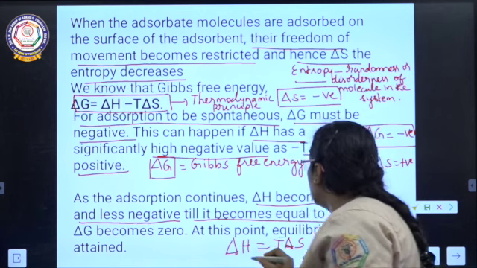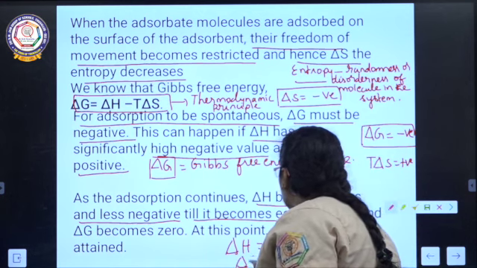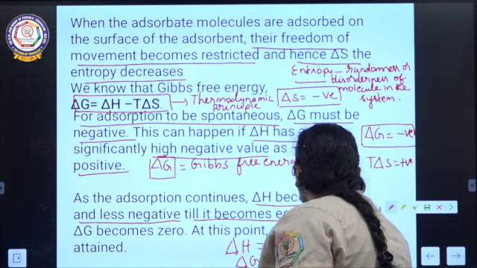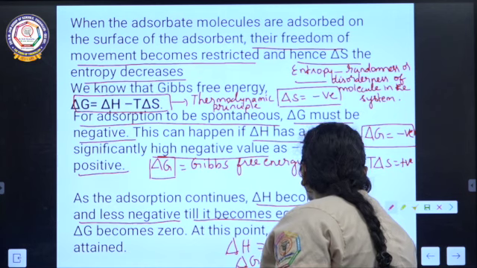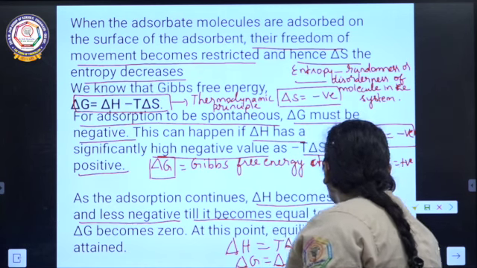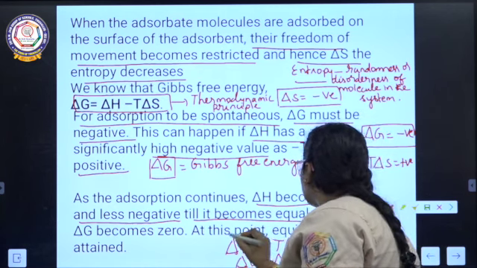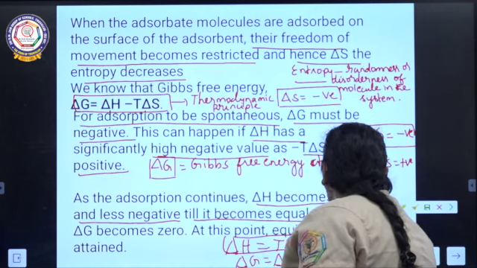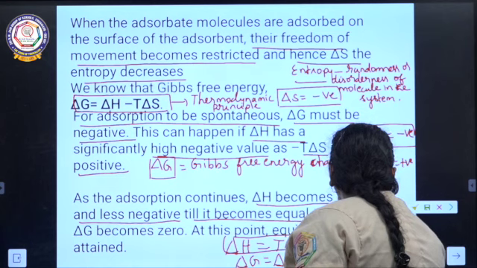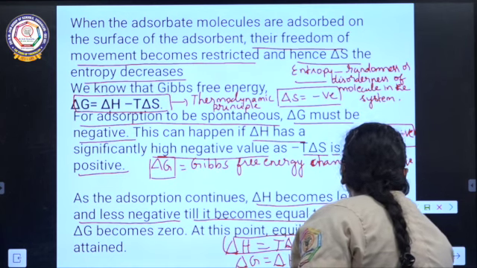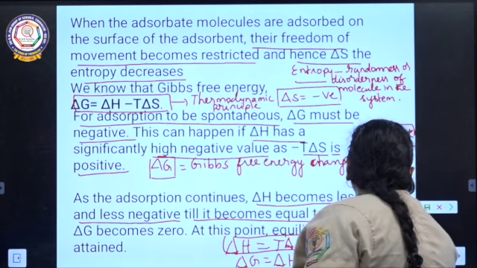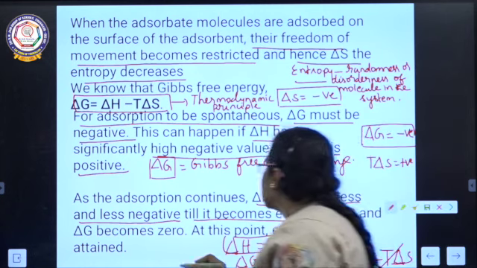Substitute in the value, delta G is equal to delta H minus T delta S. Substitute the value of delta H as T delta S. So what will you write? T delta S minus T delta S. So what is happening? Plus T delta S minus T delta S getting cancelled.